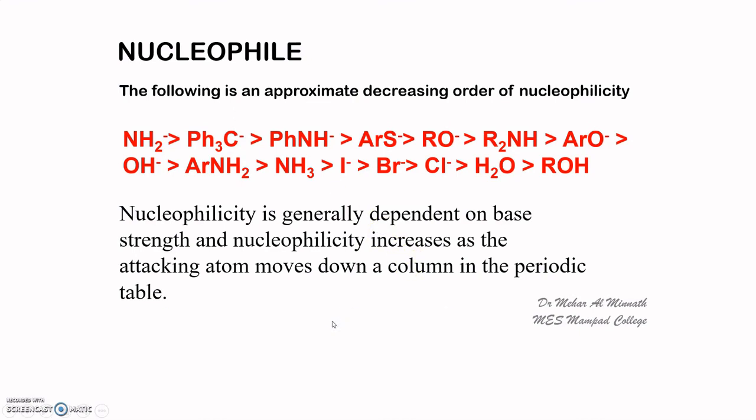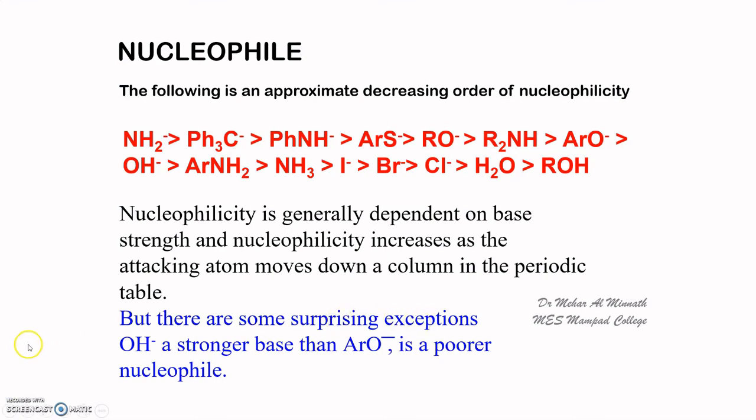The exception is that even though OH minus is a stronger base than ArO minus, it is a poor nucleophile. Here you can see OH minus comes after ArO minus. So in this case, OH minus is a poorer nucleophile than ArO minus. That's an exception over here.